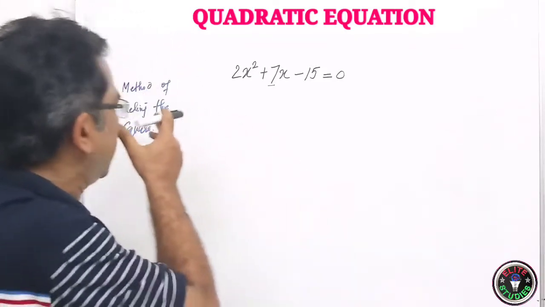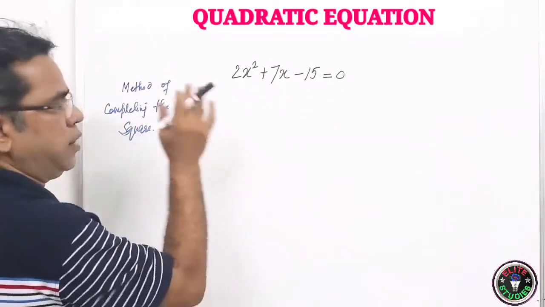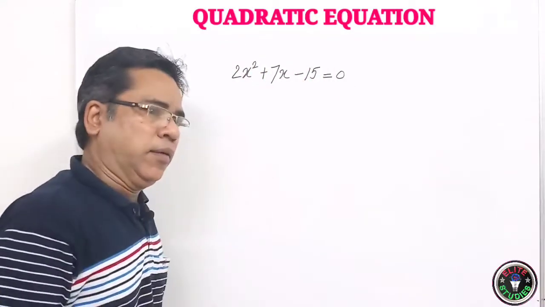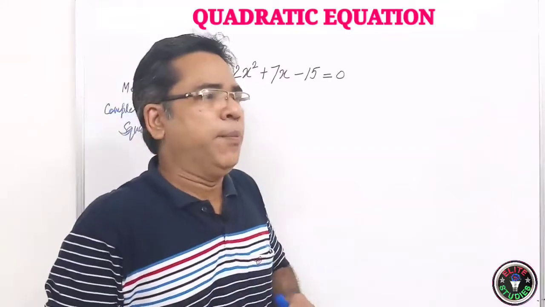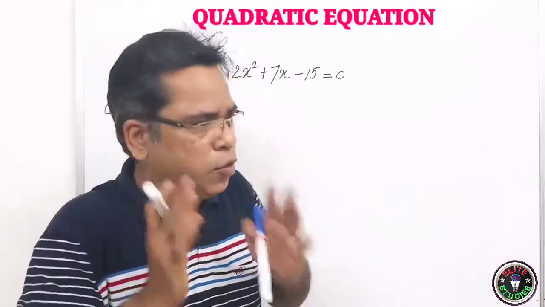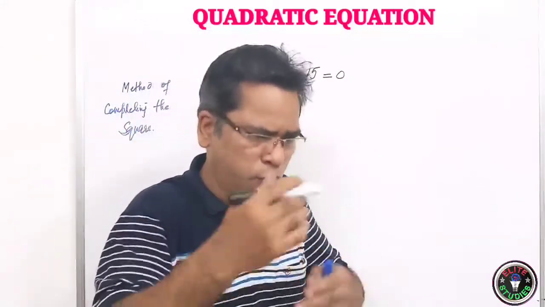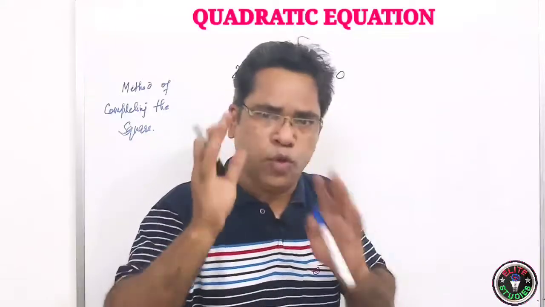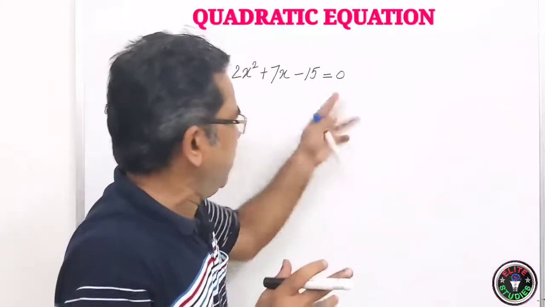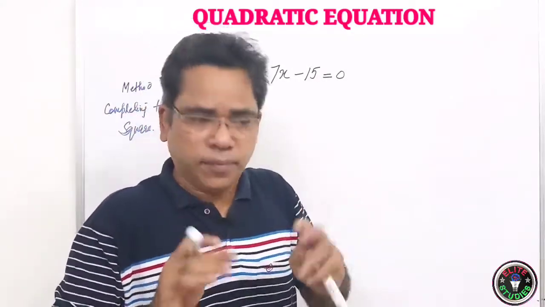Now, dear students, we have solved this equation by the help of the factorization method. That is the very basic method, the very easy method, but it is not always feasible to find the roots of a quadratic equation by that method. If you do some questions, you will come to know that factorization is not always easy, because splitting the middle term is not a sure shot that you will get it.